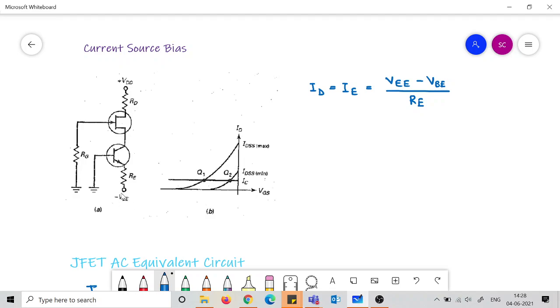VEE is a constant, and VBE, the diode forward bias voltage drop, is also a constant. So ID, which is flowing here, is the same as IE. So ID equals IE, which equals VEE minus VBE by RE. So the current through the JFET remains completely constant, and you can use this arrangement as a current source.